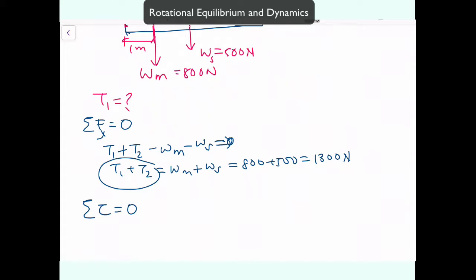When you consider the sum of all the torques acting on the scaffold equal to 0, where specifically are you looking for your point of rotation? You can choose a point, but I always advise you to choose a proper point of rotation, right?